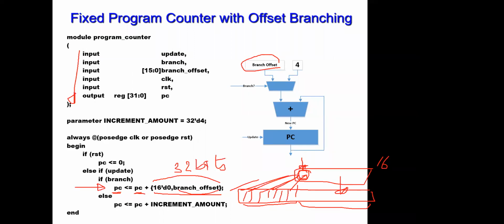In this 32 bits format, I have taken the branch offset and extended it to 32 bits. Yes, so I have concatenated all of the results in order to do something like that.